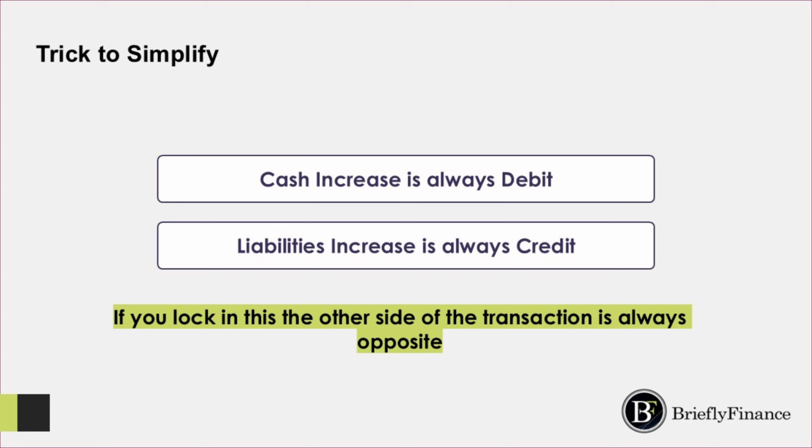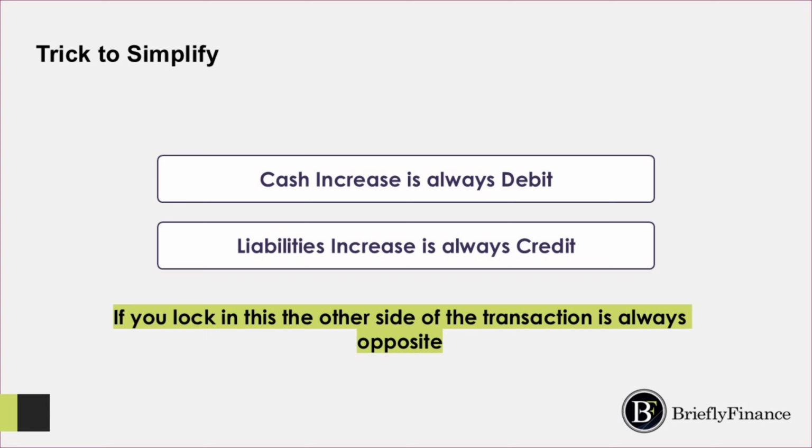Here is how I like to look at it. If you just want to know the quick way to remember this tactic, it's basically that cash increase is always debit. Imagine you have a debit card, you have your cash, you own it. When it increases, it's debit. So now, for you to remember any transaction that includes cash, just think about it. Did the cash increase or decrease? If it increased, automatically put cash debit, and then the other side of the transaction is definitely credit.